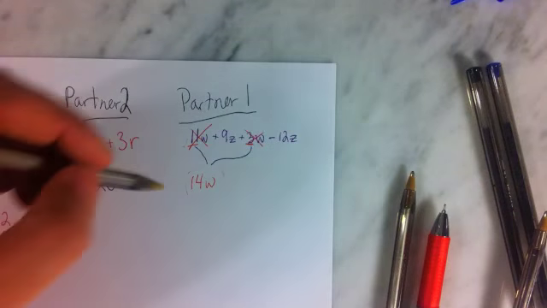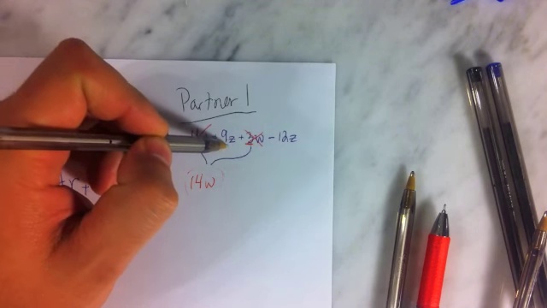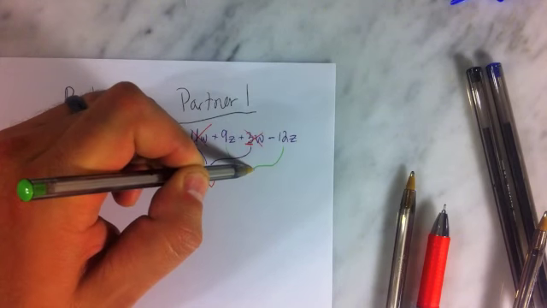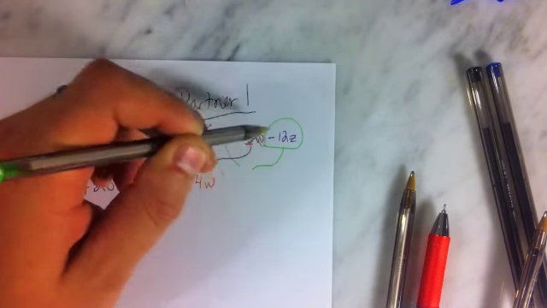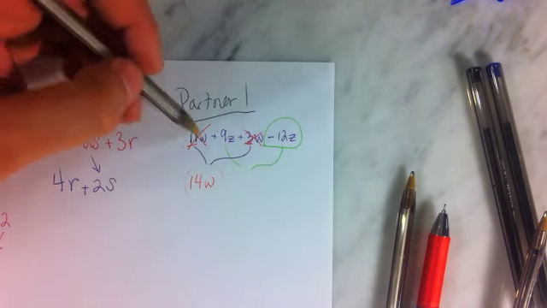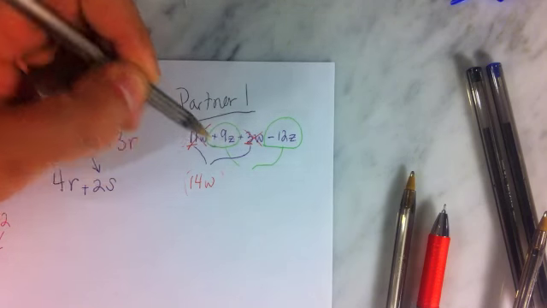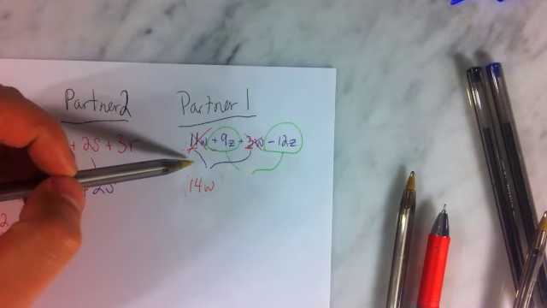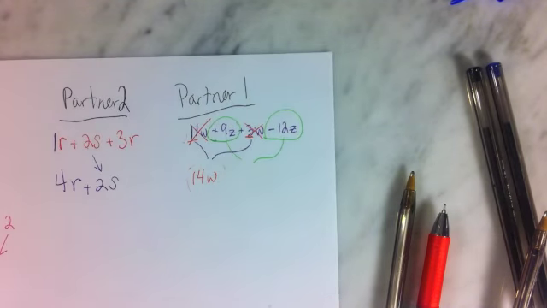Alrighty. Now we get to combine our z's, which might be a little trickier. Our z's, because it's negative 12z. Negative 12z. Now don't be freaked out by the negative signs. We have 9z plus negative 12z. Now you guys might say, wait, Mr. Jones, how are you getting plus? It says subtract.